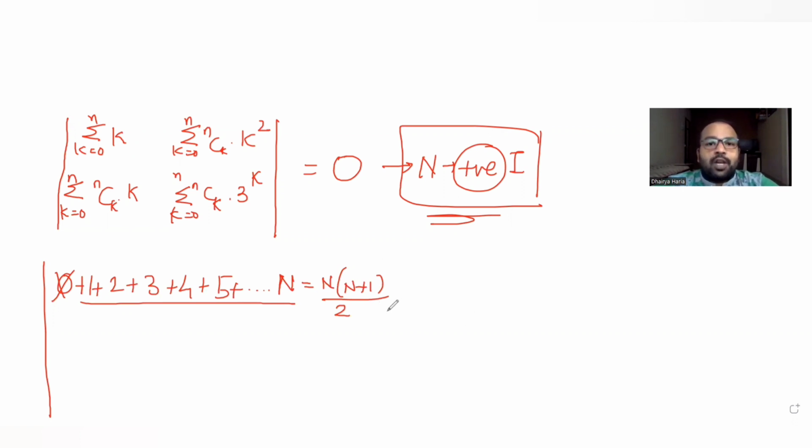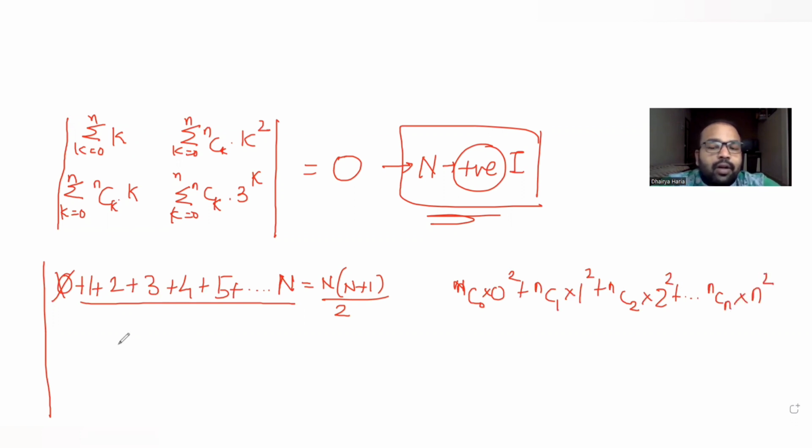Now we know the first element. Let's find the second. If I put n, it is nC0 into 0 square, nC1 into 1 square, nC2 into 2 square, likewise till nCn into n square.